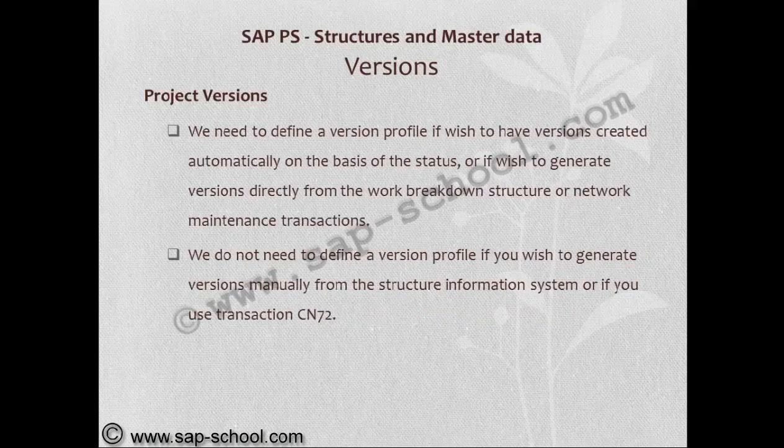We need to define a version profile if we wish to have versions created automatically on the basis of the status, or if we wish to generate versions directly from the work breakdown structure or network maintenance transactions. We do not need to define a version profile if we wish to generate versions manually from the structure information system or if we use the transaction CN72.